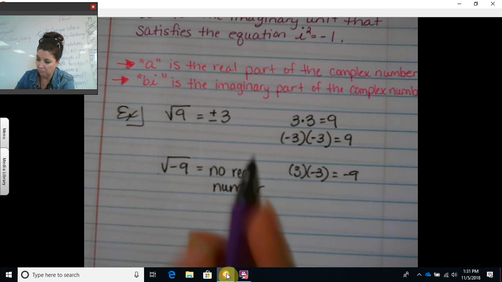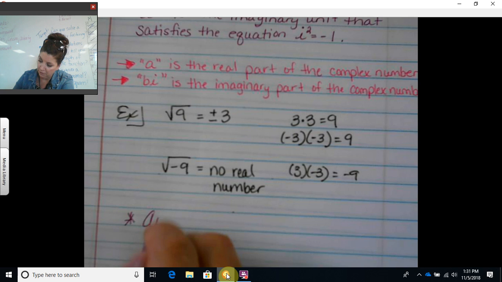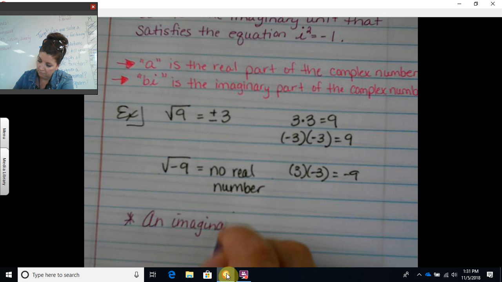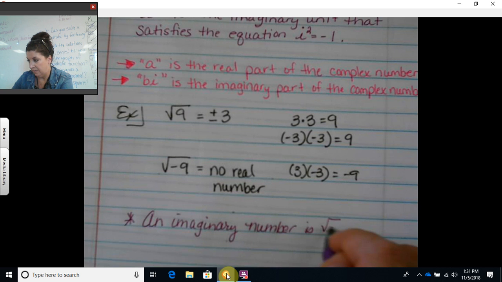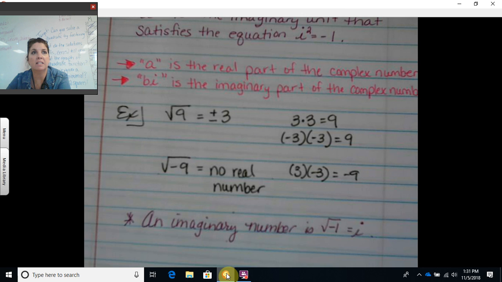An imaginary number is the square root of negative 1, and that equals i. That's basically the definition. When you take the square root of negative 1, it's either no real number or it's i. Cursive, lowercase i. That means imaginary number. Okay?